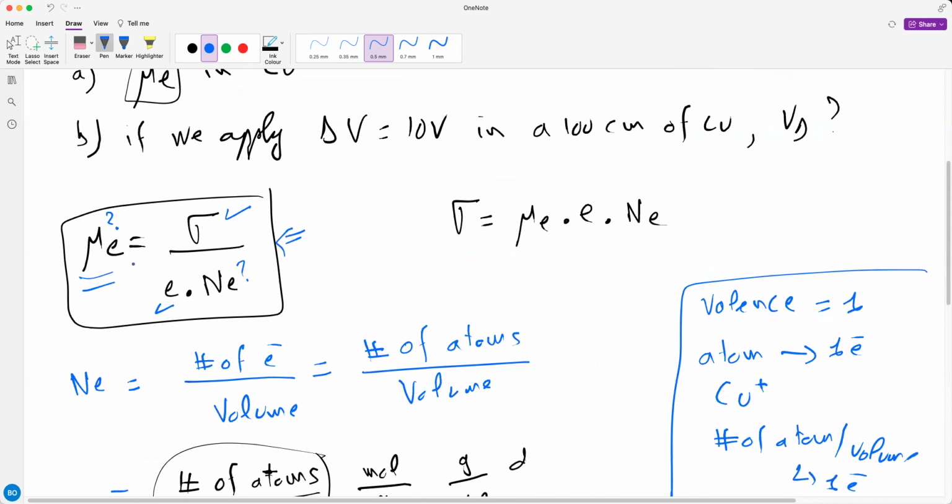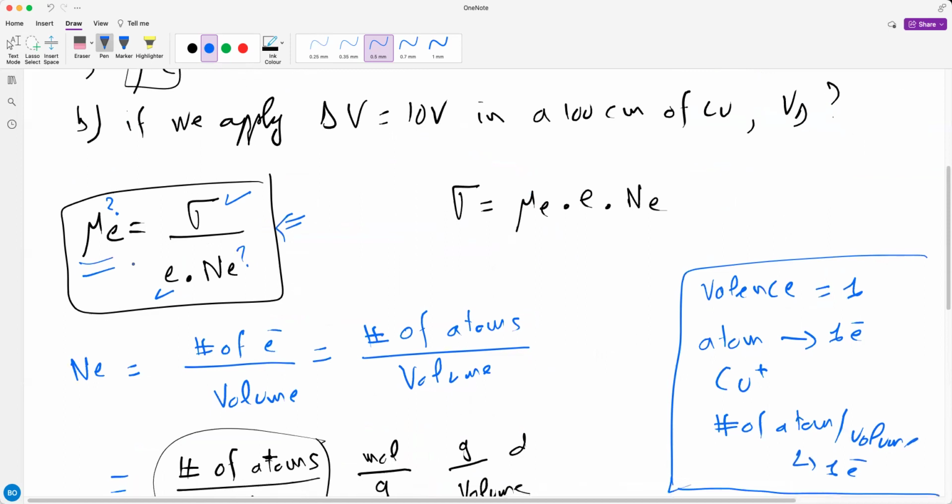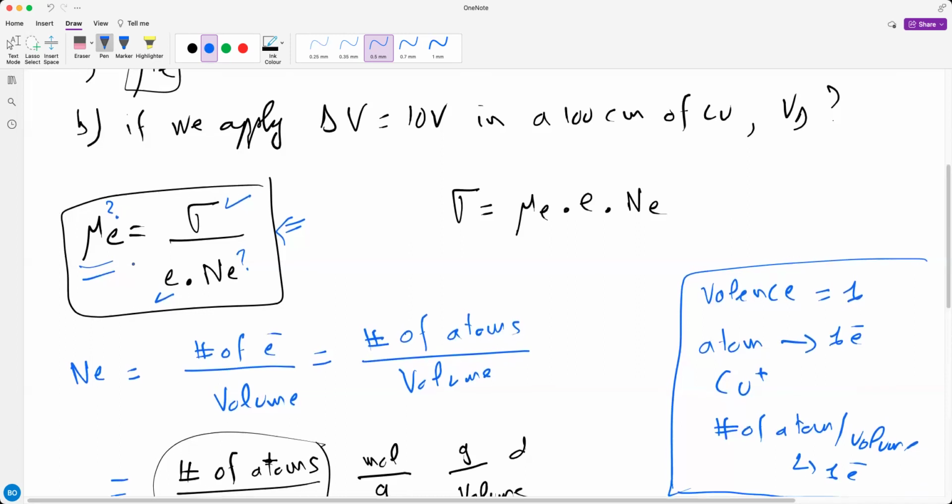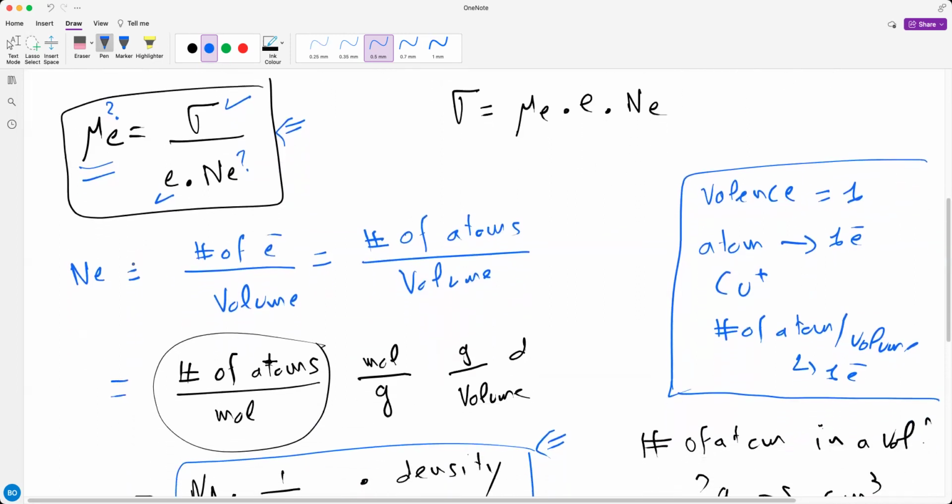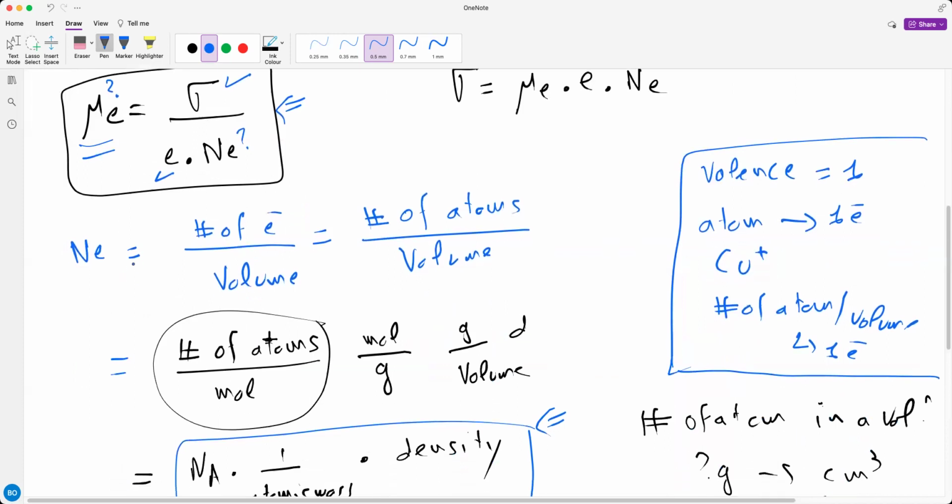I mean the second formula. I've got the mobility, but I didn't get the number of atoms over the mole.